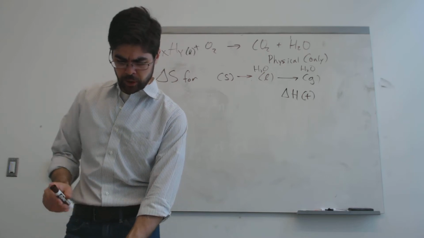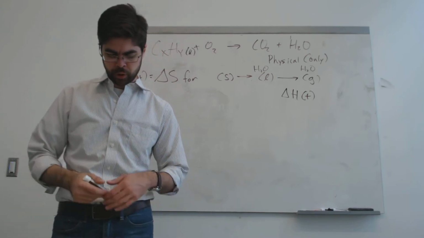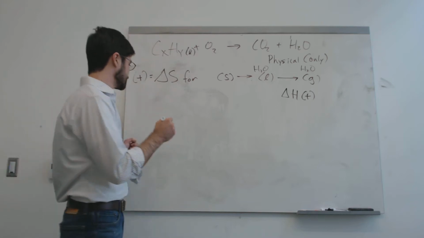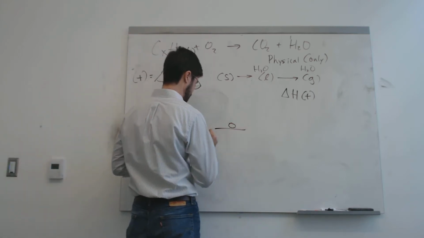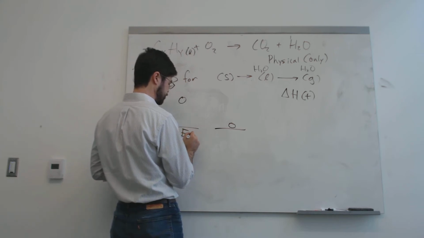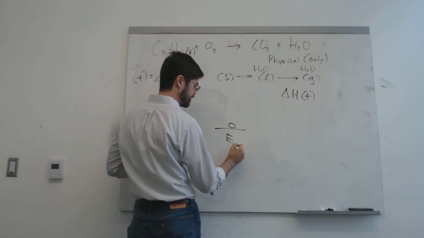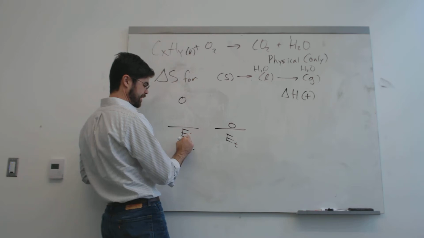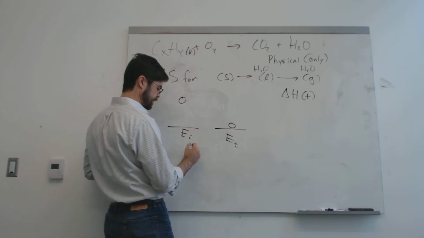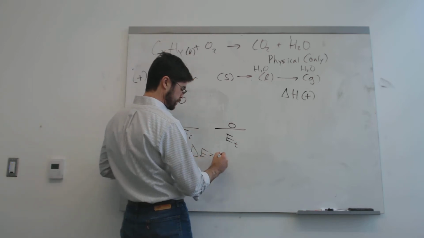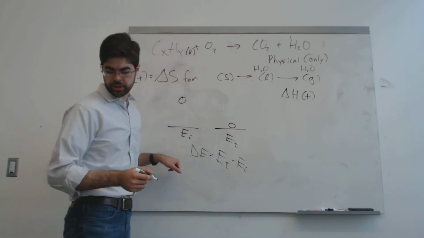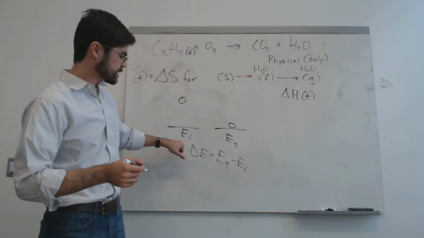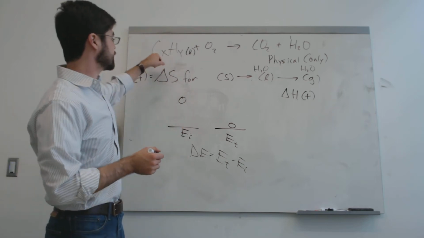In class, with your dropping ball example, you wrote delta E. So I had this example, and I said, okay, E initial and E final. And I said delta E is equal to E final minus E initial. Is that delta E the same as delta G?